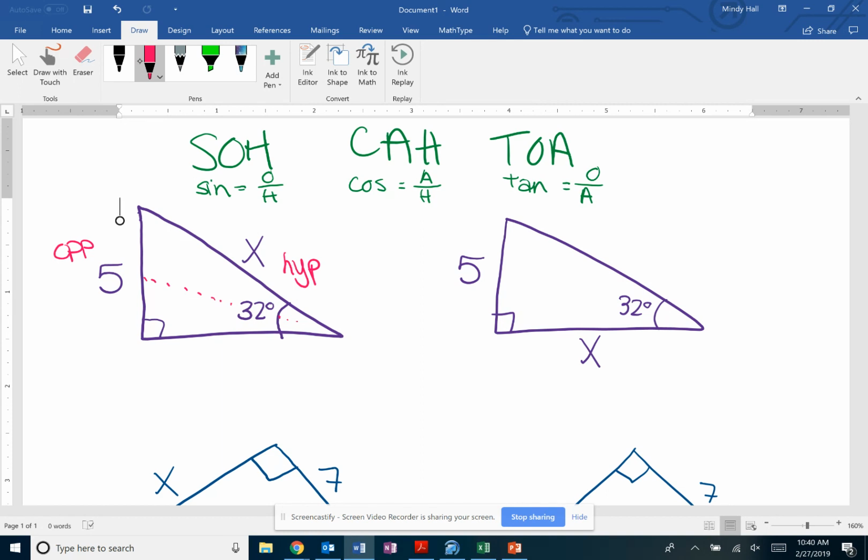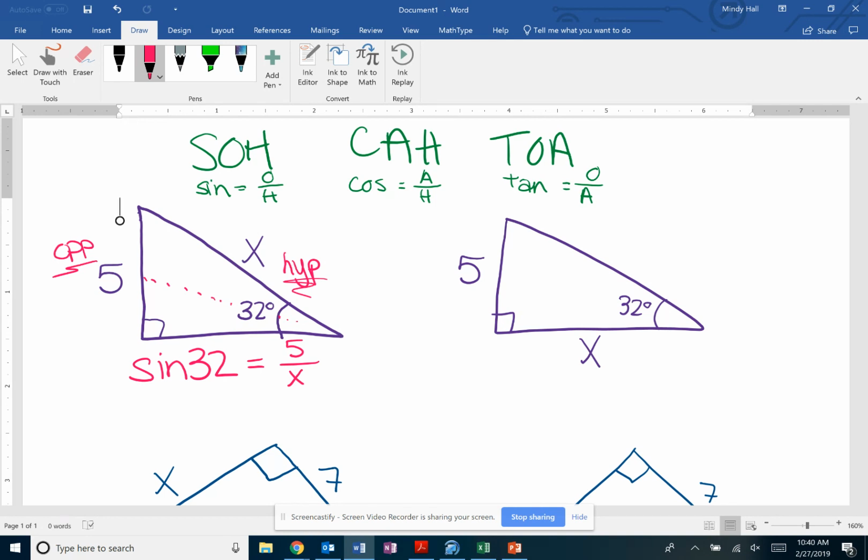Because we are referring to the 32, we would have sine of 32 equals opposite, 5, over hypotenuse, x. I picked sine because my sides were the opposite and hypotenuse, so that gives me my O and H.